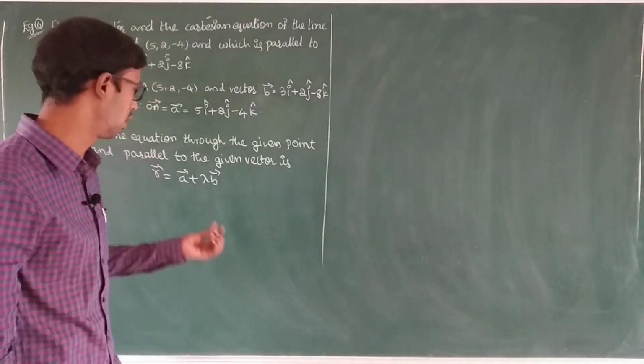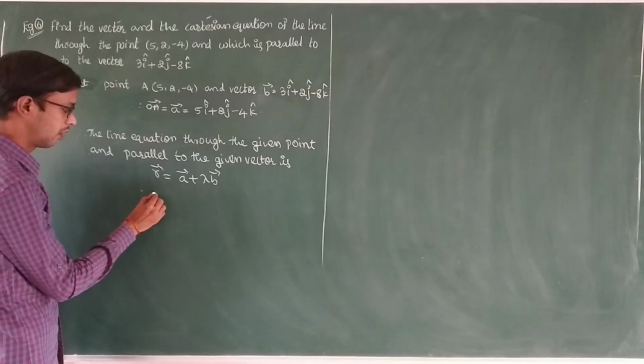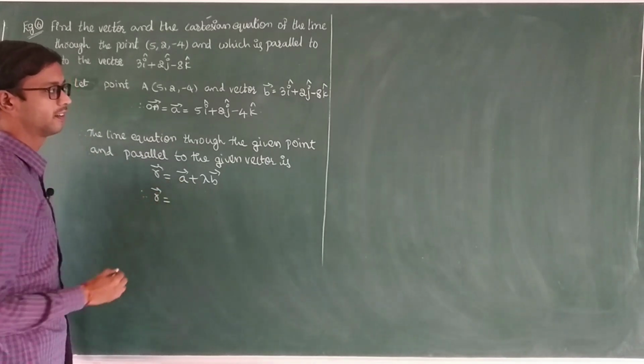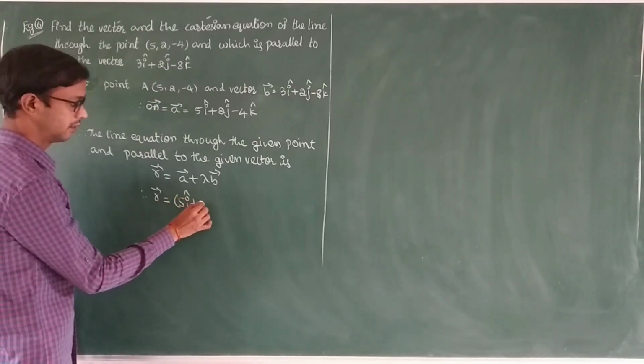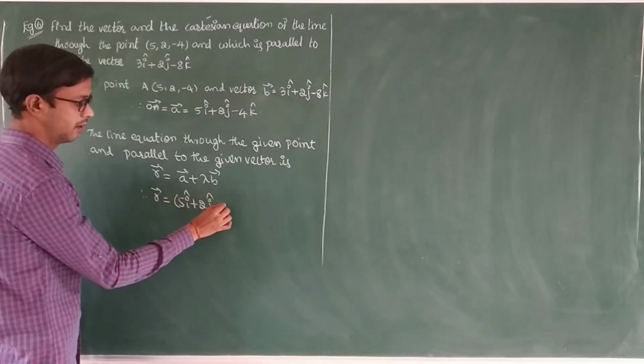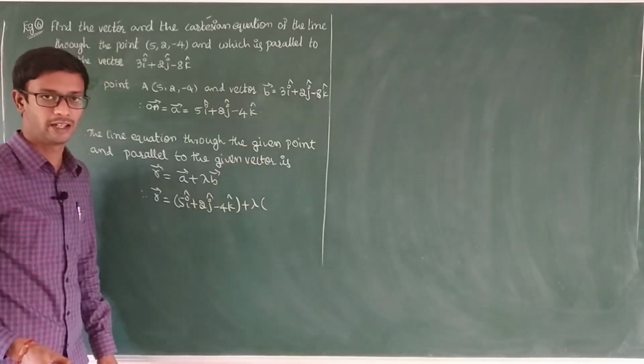Therefore, R bar is equal to A bar, 5i cap plus 2j cap minus 4k cap, plus lambda into B bar.